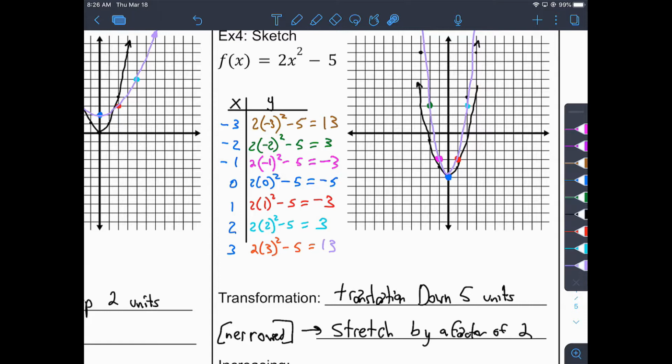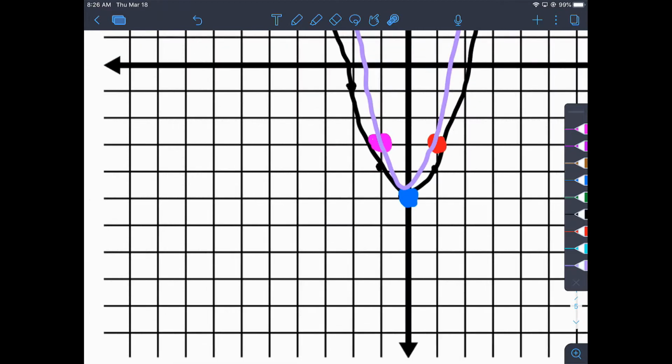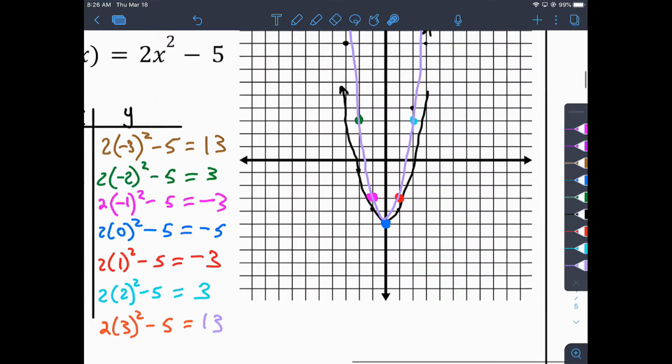Now, one of the easy ways to see that it was a 2 that it stretched by is when we go down here to where the vertex of both our parent and the new function is. They both start here, but the parent function only, when I go over 1, it only went up 1. But the new function, the one in this purplish color, if I go over 1, it went up 2 units away. So it doubled its distance away. Well, doubling means times 2.